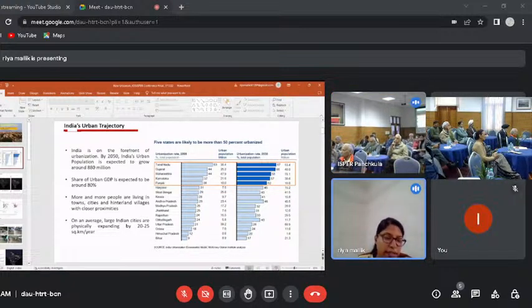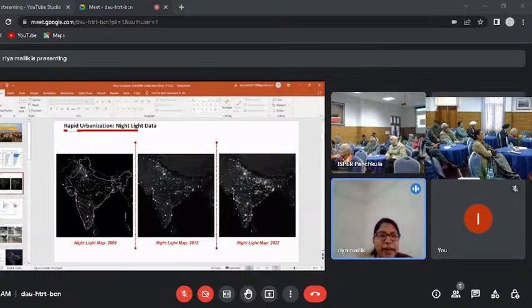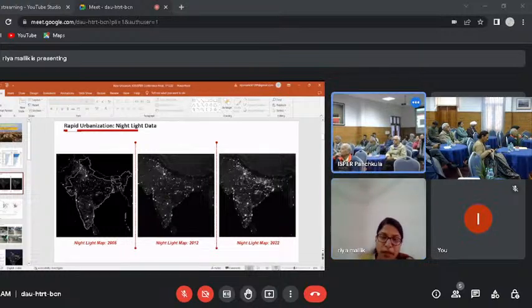Hence, this rapid economic growth and increase in relative prosperity is bringing more and more people to urban areas, and cities are expanding rapidly, at about 20-25 square kilometers per year. In the nightlight map, it is clearly seen how our Indian cities are growing rapidly over a period of time.